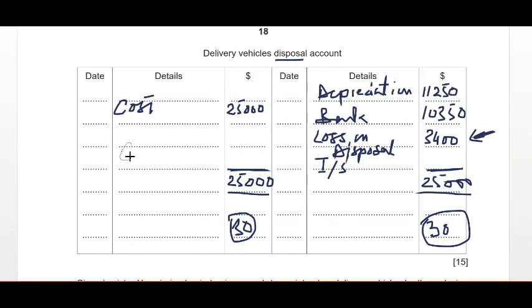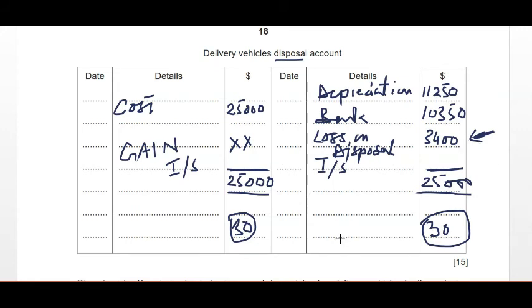Whenever there is a difference on the debit side, that is considered a gain on disposal, and in your income statement, a gain is always added into your profit, and that is done on the credit side. So, any gain on disposal is the difference appearing on the debit side, and any loss on disposal is the difference appearing on the credit side.